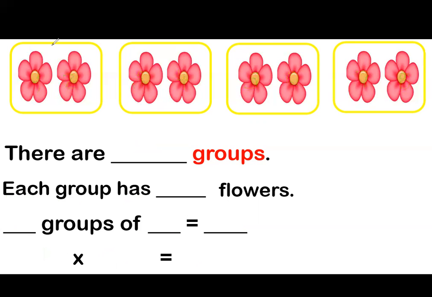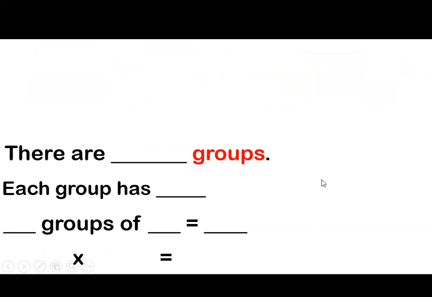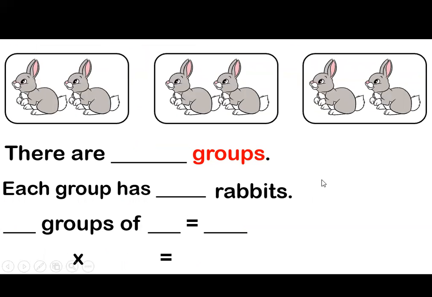Very good. Next, what are these? Rabbits. There are how many groups of rabbits? We have 1, 2, 3. So we have 3 groups of rabbits.